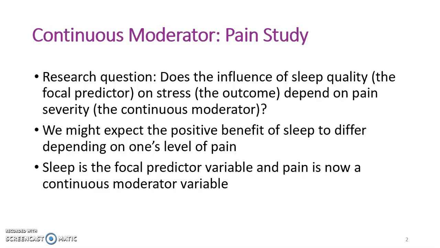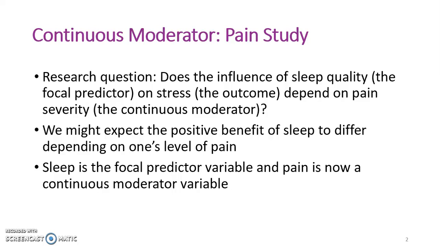And so let's say in this study that researchers were interested in whether sleep quality would influence stress, the outcome, and whether that influence of sleep quality on stress would depend on values of pain severity.